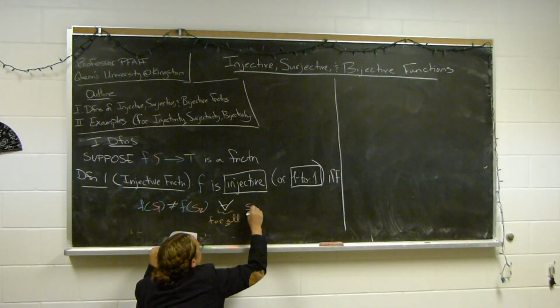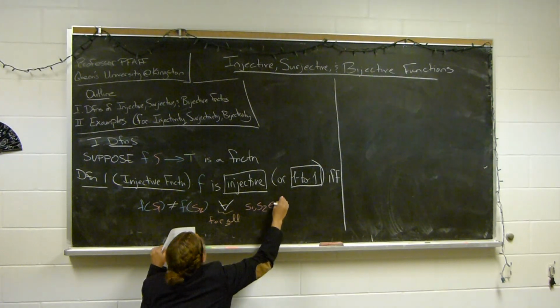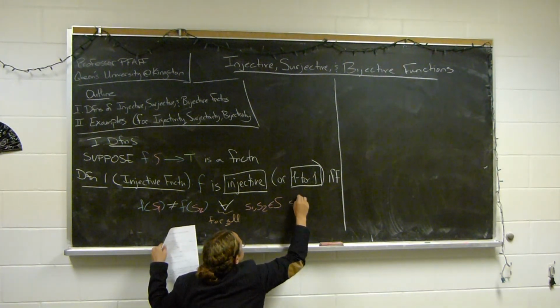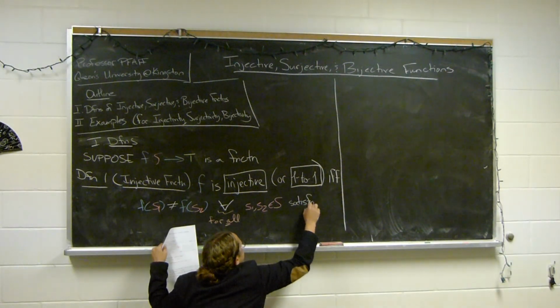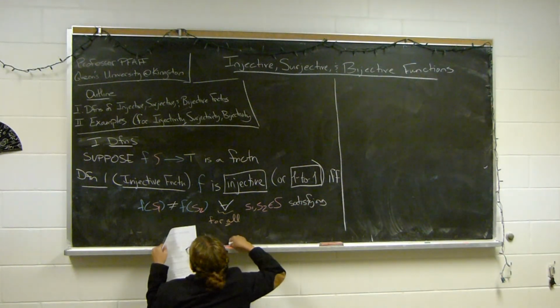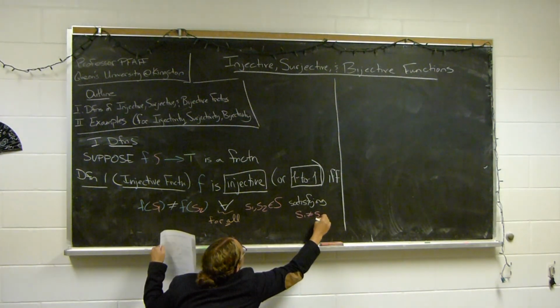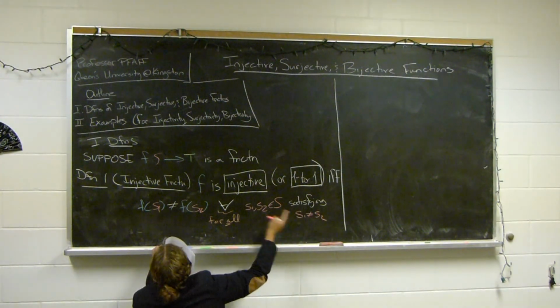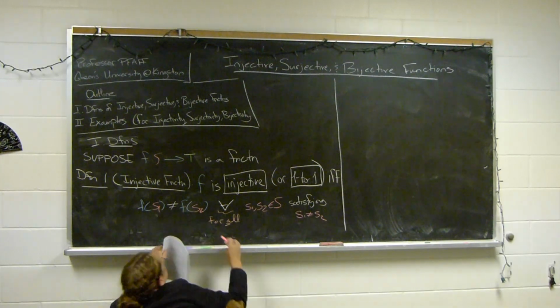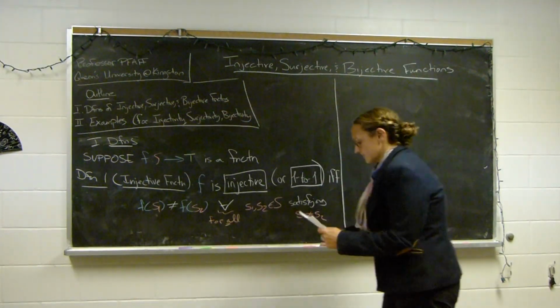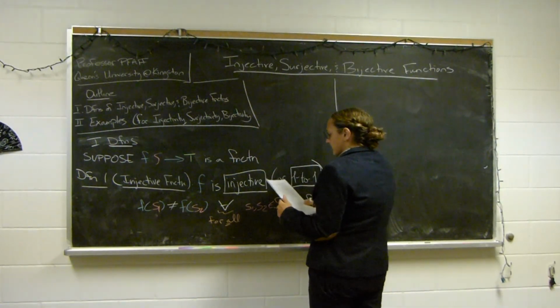So for all s1 and s2 in S satisfying s1 not equal to s2. If I have two elements that are not equal to each other, then their images had better not be equal to each other. So distinct elements go to distinct places.